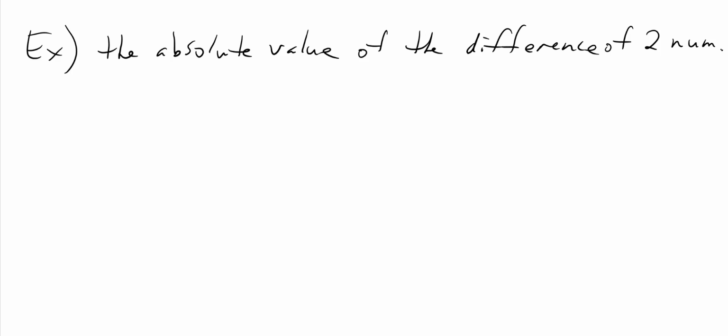Think logically, guys. I can make those up; I'm going to say it's x and y. Those are my 2 numbers. So I'm taking the absolute value of that difference, and difference means subtract. So basically this is what it is. That's my answer. Absolute value of the difference of 2 numbers. There it is.